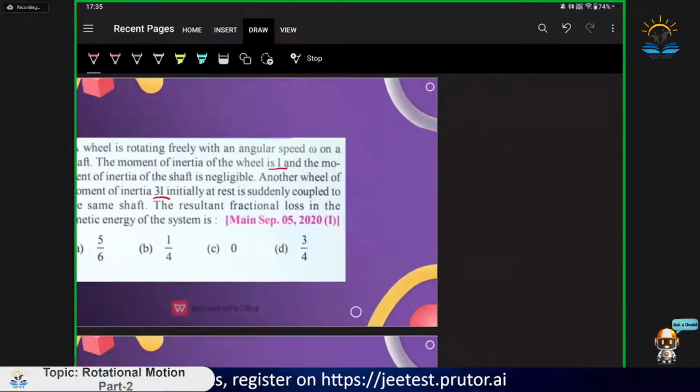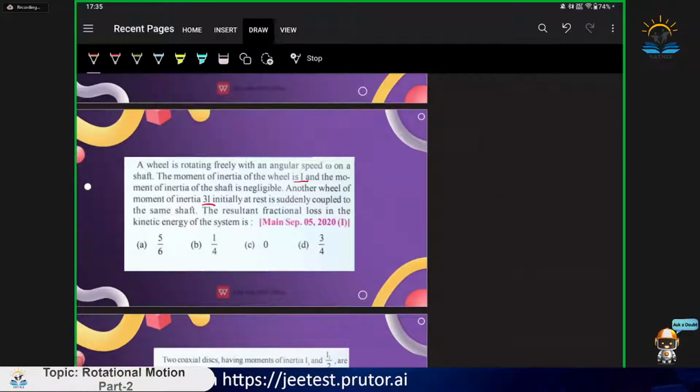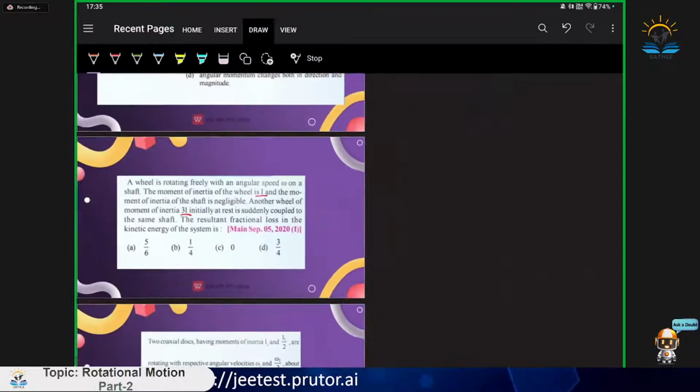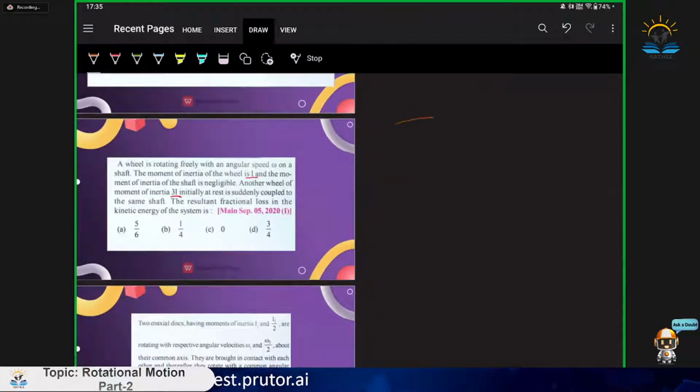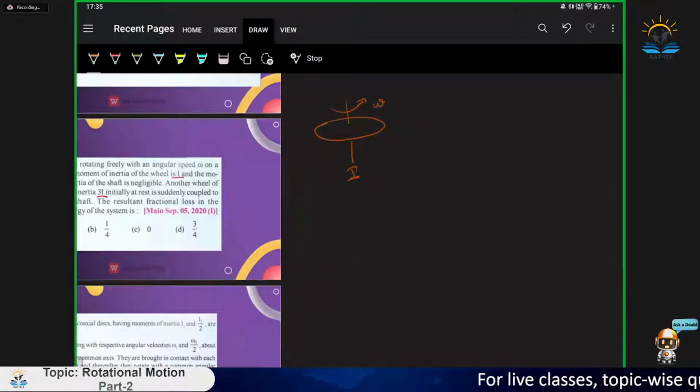See here, let me picturize. In the question it is given that initially the moment of inertia of the wheel is I, and there will be an angular velocity omega.